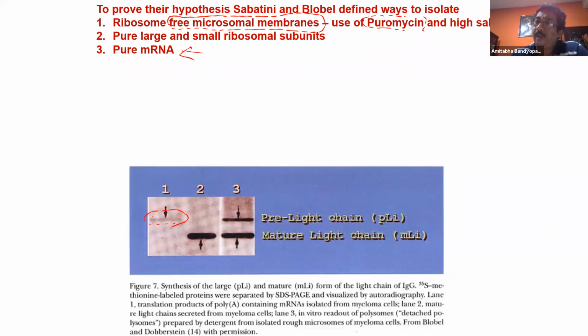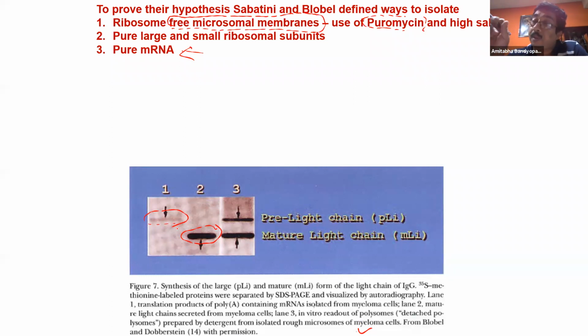If you purify the light chain that is secreted by myeloma cells, which are a blood cell type, then you see that this protein, a naturally processed and secreted protein, has slightly smaller molecular weight than the in vitro synthesized protein.